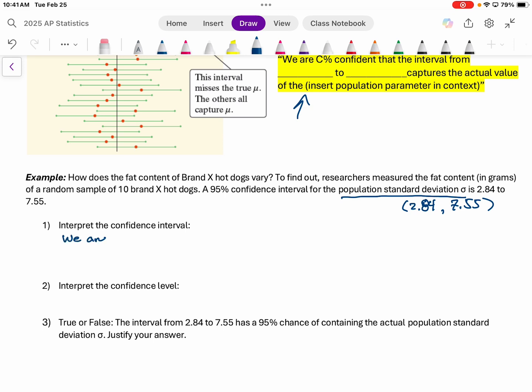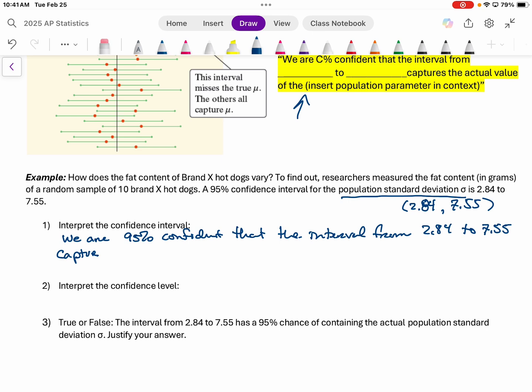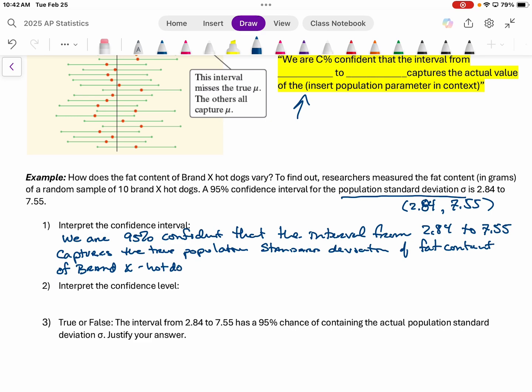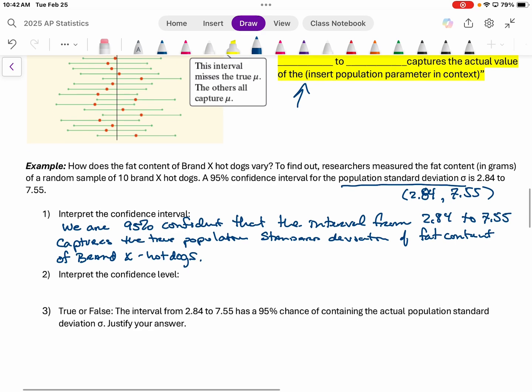We are 95% confident that the interval from 2.84 to 7.55 captures the true population standard deviation of fat content of brand X hot dogs. All right. I'm going to pause and let you guys write that down.